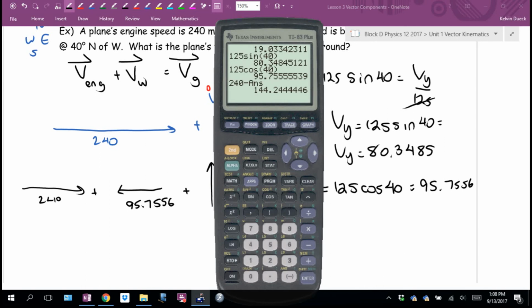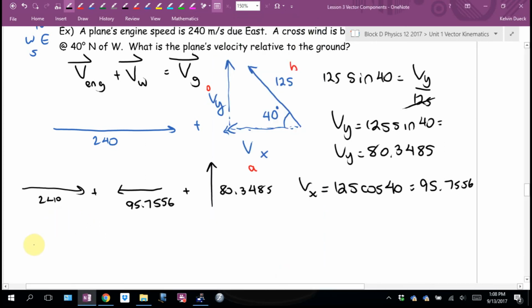And I get 144.244. Still to the right. 144.244 plus 80.3485.